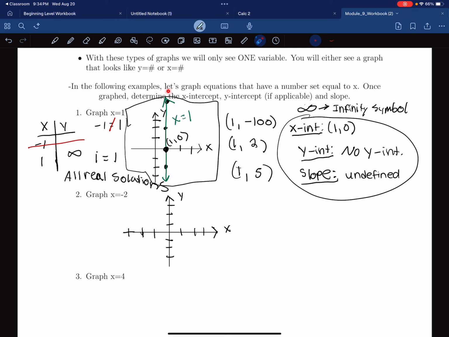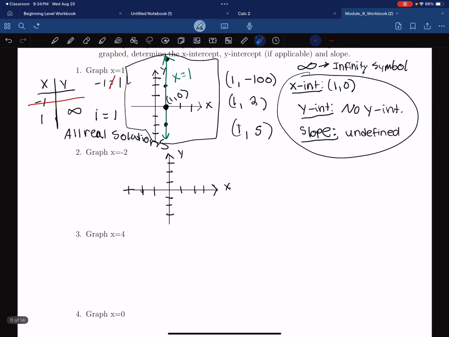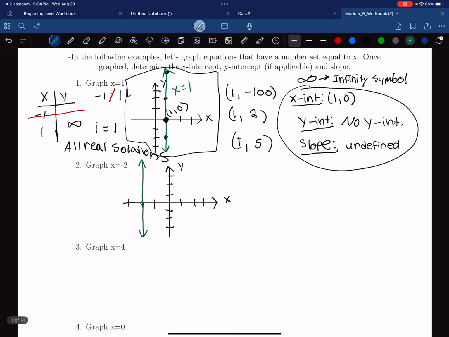So we're going to end up getting a vertical line, just like we did with x equals 1, but in this case it's at the value of x equals -2 instead of 1. So that is our graph of x equals -2.